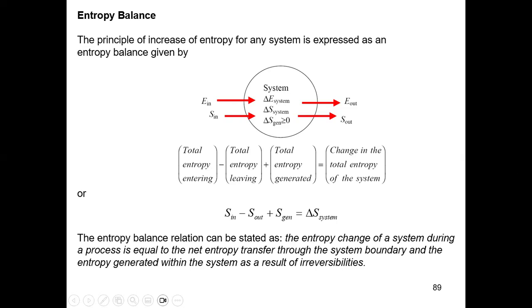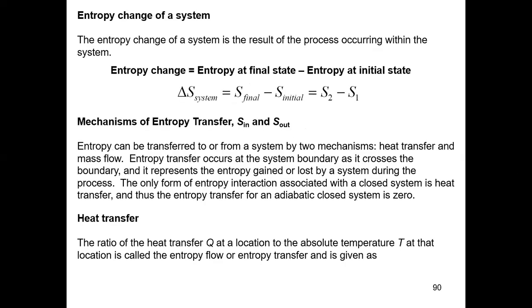The entropy balance relation can be stated as the entropy change of a system during a process is equal to net entropy transfer across the system boundaries and the entropy generated within the system as a result of irreversibilities. So entropy change is equal to entropy at the final state minus entropy at the initial state, S2 minus S1. Mechanism of entropy transfer, S in and S out.